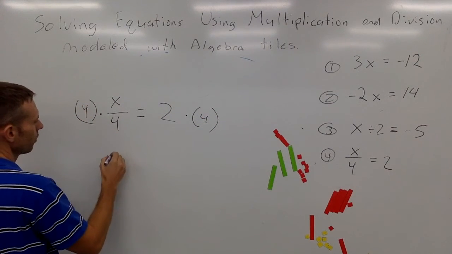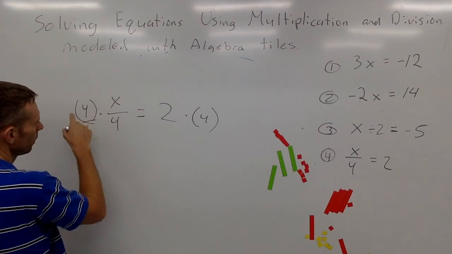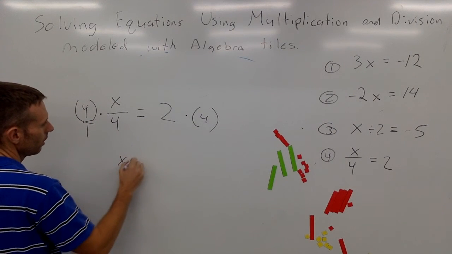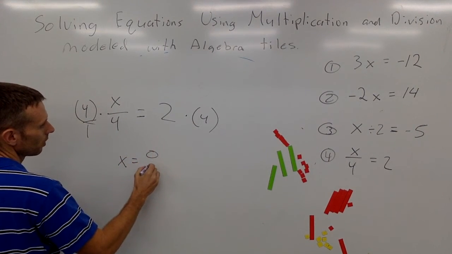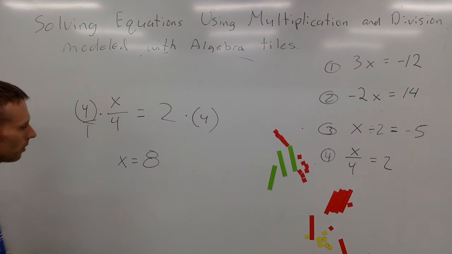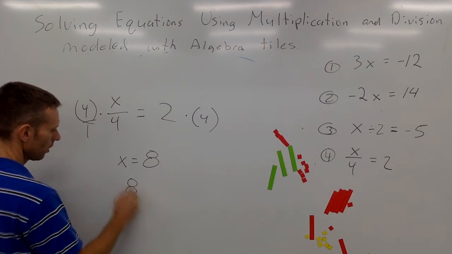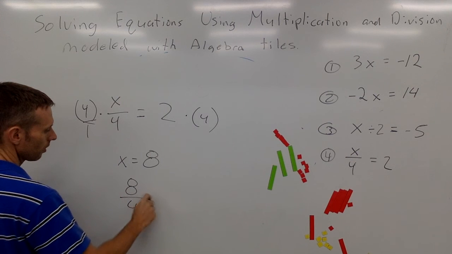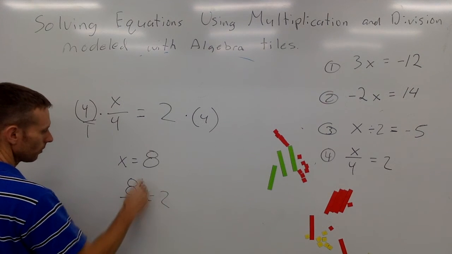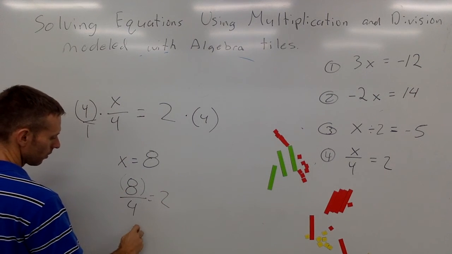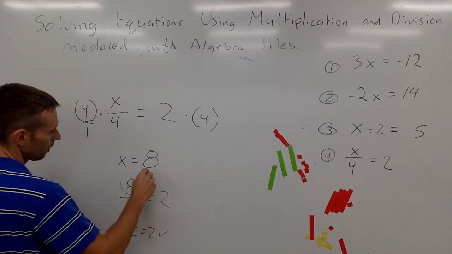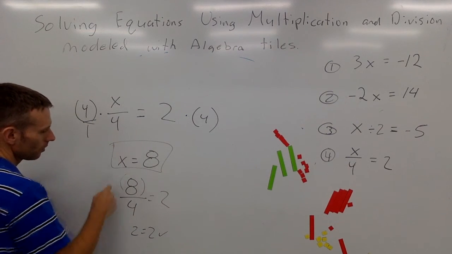This 4 and this 4, 4 over 1, cancels, and I get x equals 8. Is it correct? 8 over 4 equals 2. Well, 8 over 4, yep, that's 2 equals 2. That means this one was the correct answer.